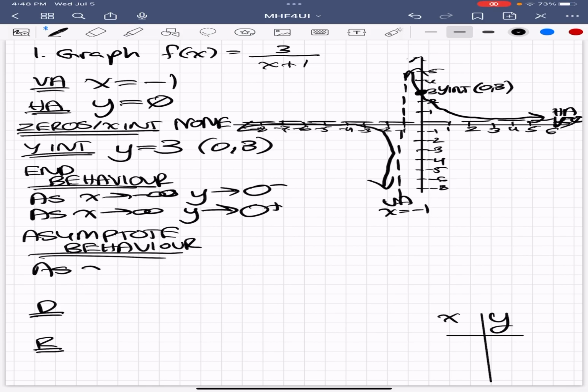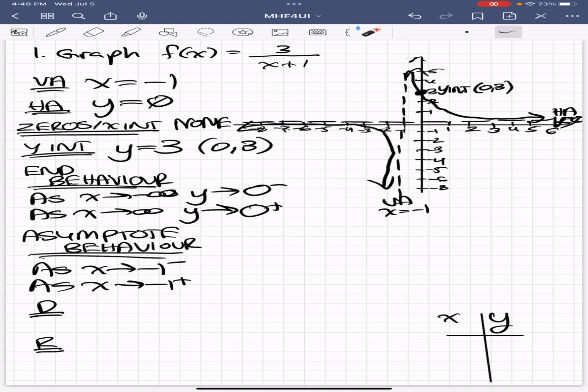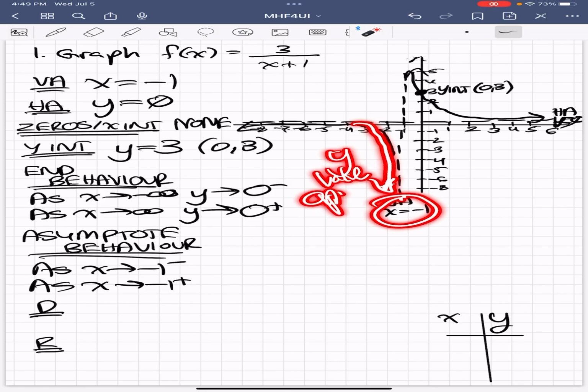Asymptote behavior. As x approaches the VA from values less than the VA, our y value continues to go into negative infinity.